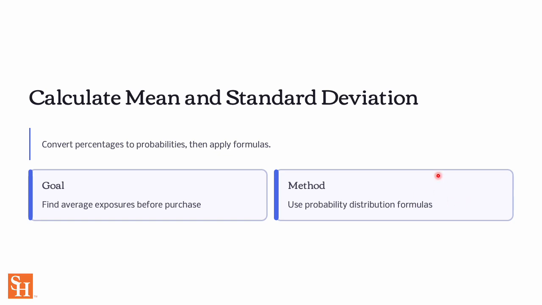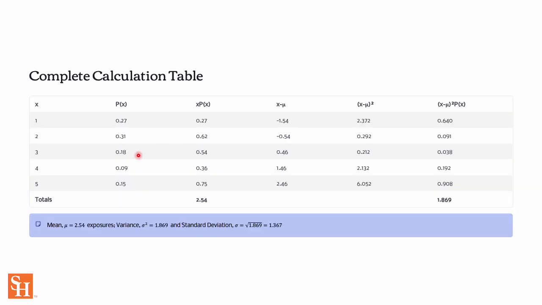So here we have the number of times the buyers check the advertisement before purchasing the product, and here we have the associated probability. We have converted the percentage into probability, and then to calculate the mean, we multiply each number with its associated probability. Then we take the sum of all of these numbers, and that will give us the mean, right?